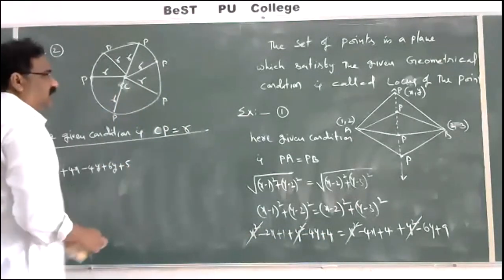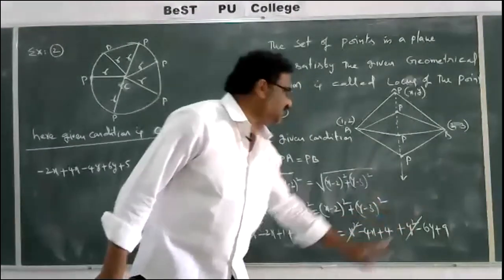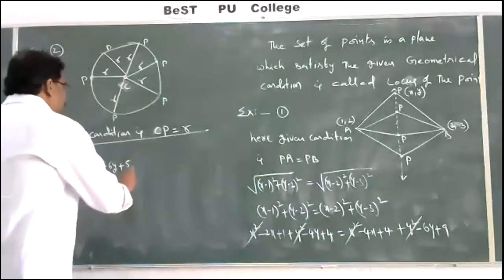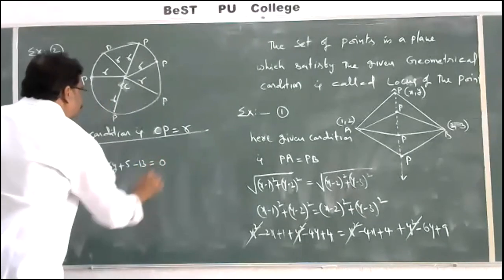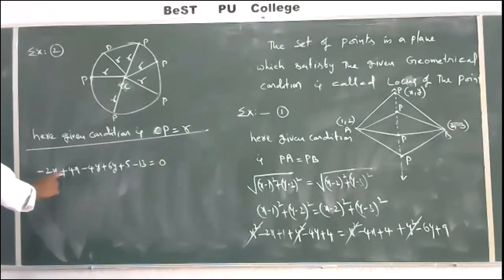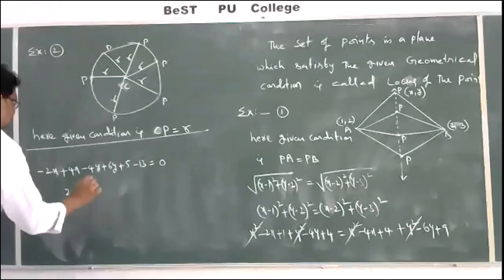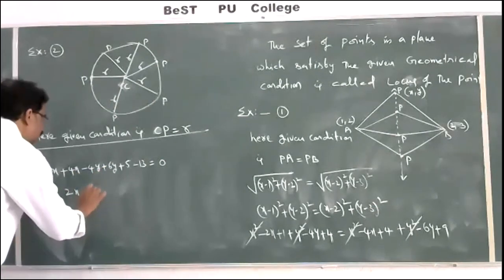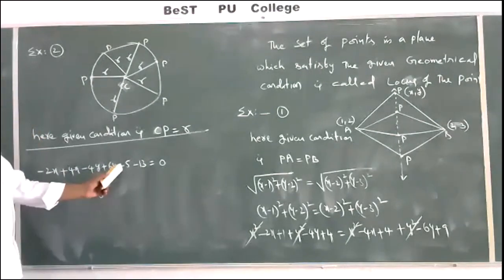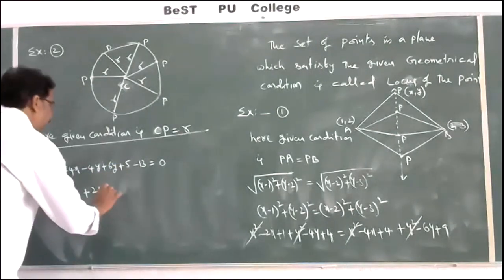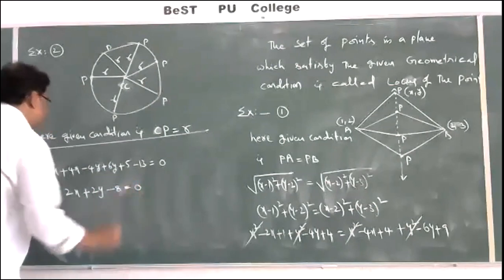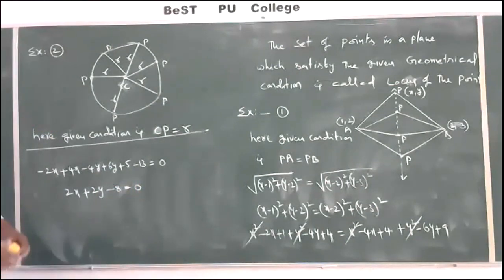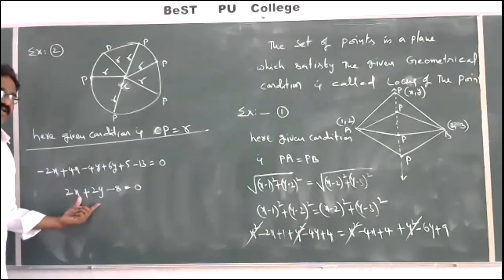There constants 4 plus 9, 13. You bring 13 here, minus 13 is equal to 0. Here minus 2x plus 4x, 2x. Minus 4y plus 6y, plus 2y. Plus 5 minus 13, minus 8 is equal to 0. So what is this? A straight line.